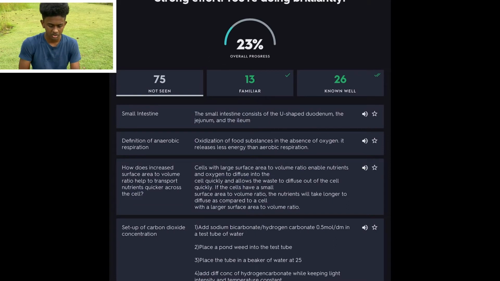There's going to be multiple rounds, and there's 75 that I've not seen, because this is the third time I'm doing this. I'm on my goal to do 3 revisions this year before my O-levels, and I feel like if you do 3 or 4 revisions before the O-level, there's no need for you guys to panic, because if you've done your studies and your preparation, you can just go and write the exam.